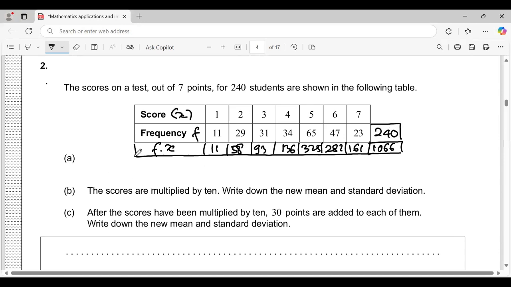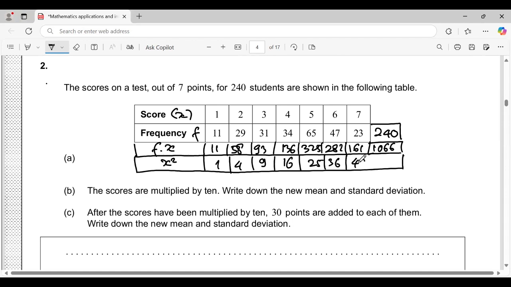After that, the next column I'd like to add is x squared: 1, 4, 9, 16, 25, 36, 49.